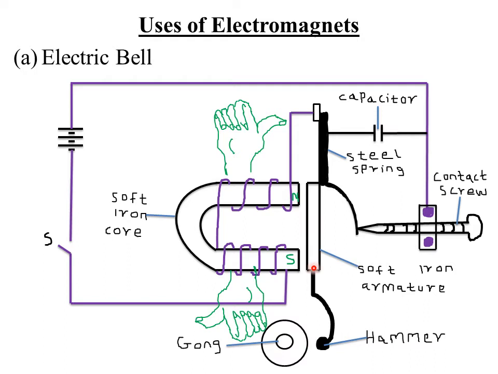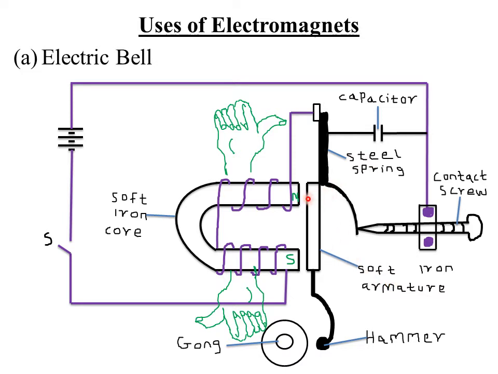Now remember, the attraction of the soft iron armature onto the polarities of the magnetized soft iron core separates the contact. When the soft iron armature is getting attracted to the poles of the soft iron core, this contact is broken, because the steel spring also moves since it is attached to the soft iron armature.